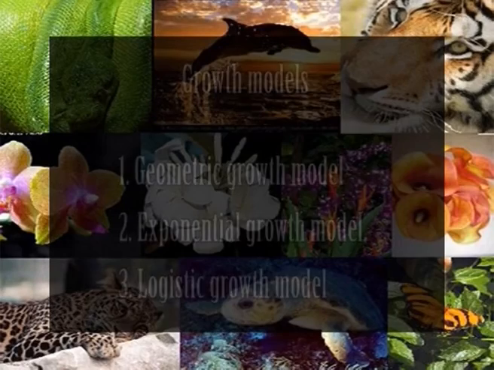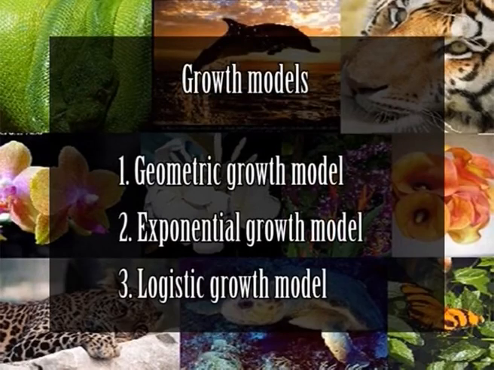Now, there are three types of growth models. One is the geometric growth model, second the exponential growth model, and the third is the logistic growth model. First, we will discuss the geometric growth. Insects and plants that live for a single year and reproduce once before dying are examples of organisms whose growth is geometric.